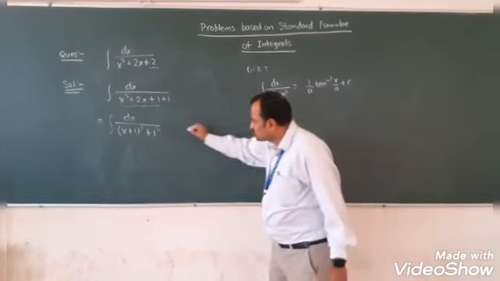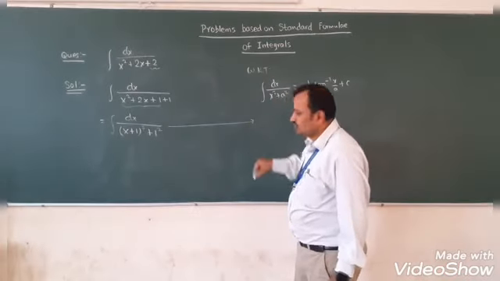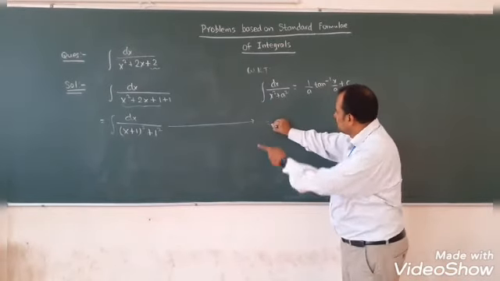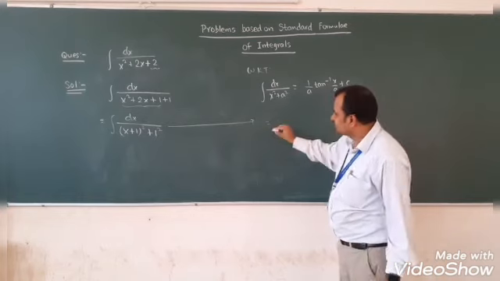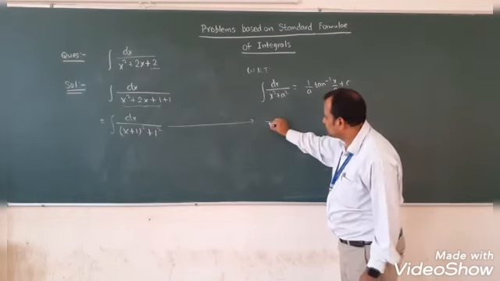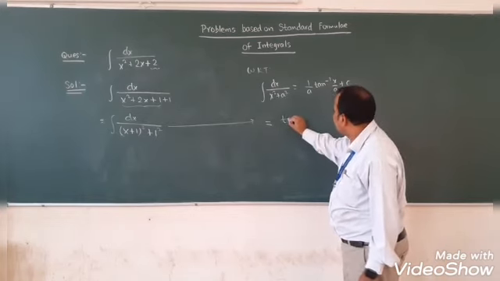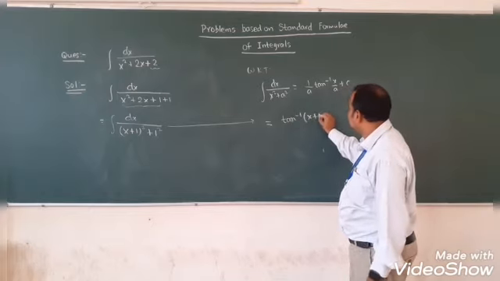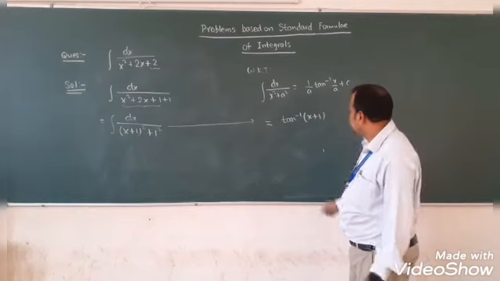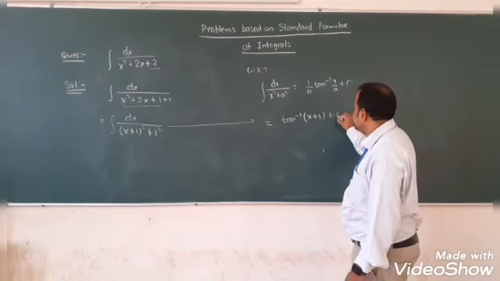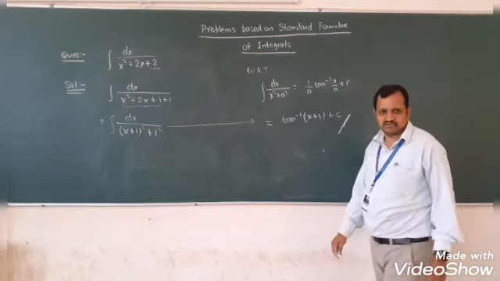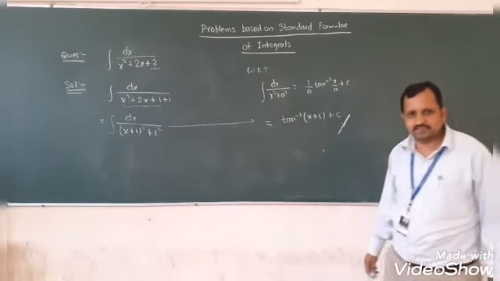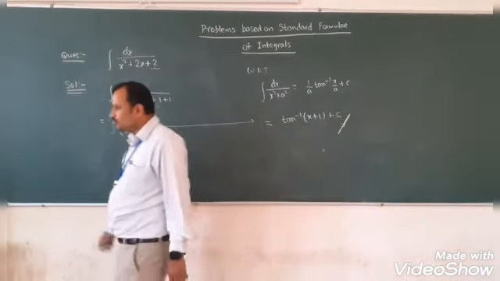So I am making use of this formula. 1 by a is nothing but 1 only. So tan inverse, what is x? x is nothing but x plus 1, a is 1, plus c. So this is the required answer. So all questions are very simple. Identify the form of the question.